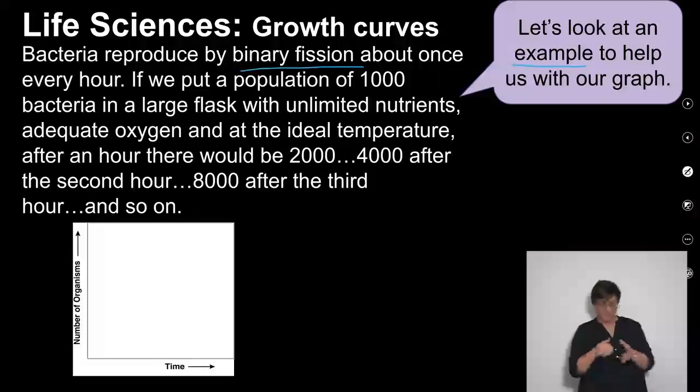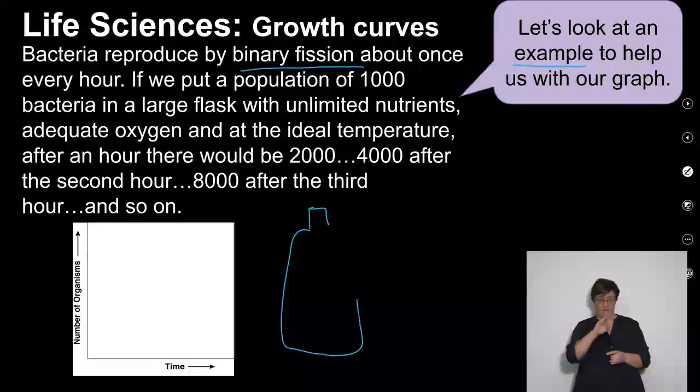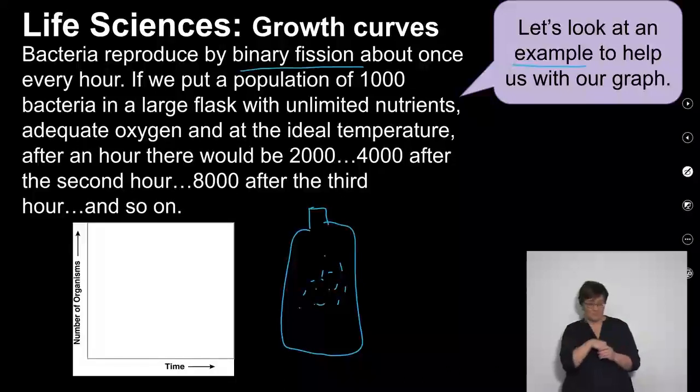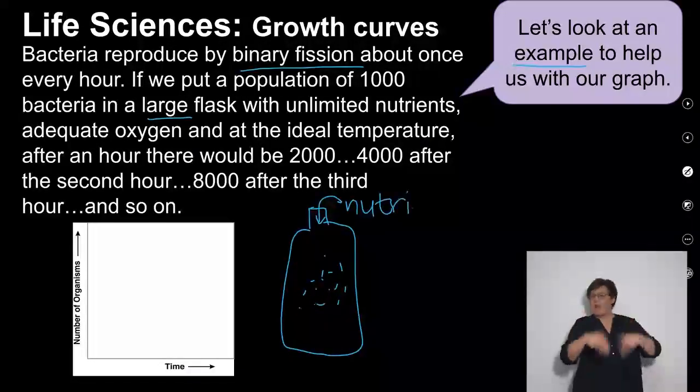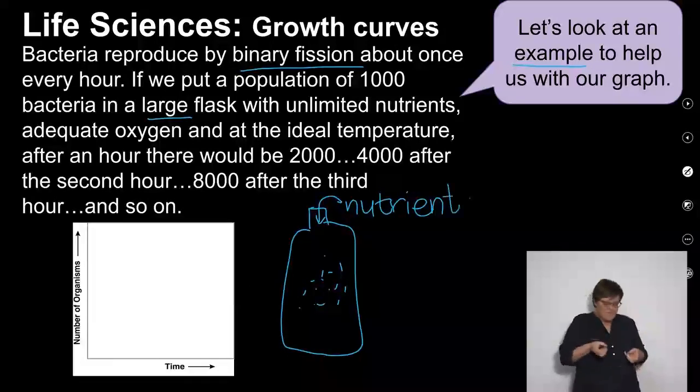So let's imagine that we had a flask and we put 1,000 bacterial cells into this very large flask, and we're going to insert nutrients, and we're not going to limit the amount of nutrients.